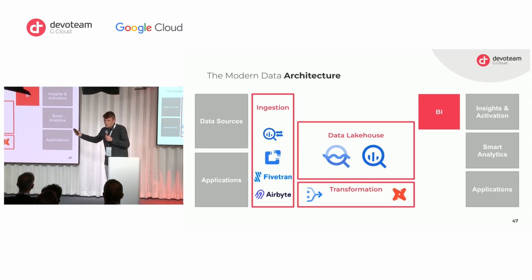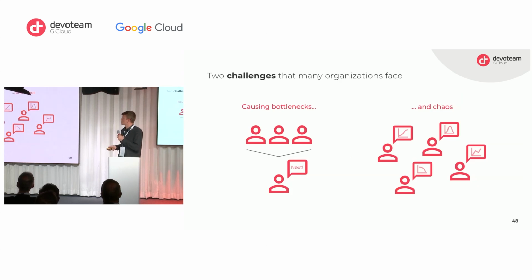Then you have BI. And there are two main challenges that organizations are facing. One is the bottleneck. So you have a data team, they create a dashboard, and then business users are looking at that dashboard, but that's not where it stops. Once you look at the dashboard and you see a number in red, for example, you want to know why.